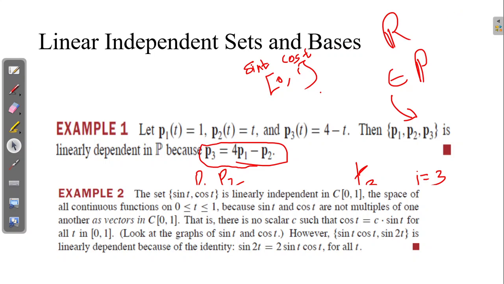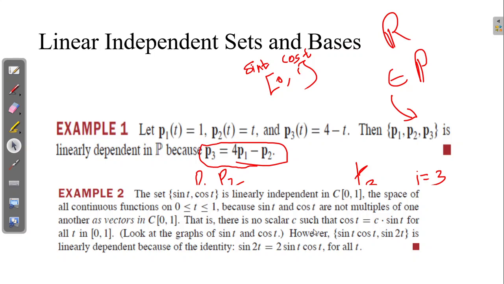So these are two independent vectors in the space of all continuous functions on 0 less than or equal to t less than or equal to 1, because sin t and cos t are not multiples of one another as vectors in C[0, 1].